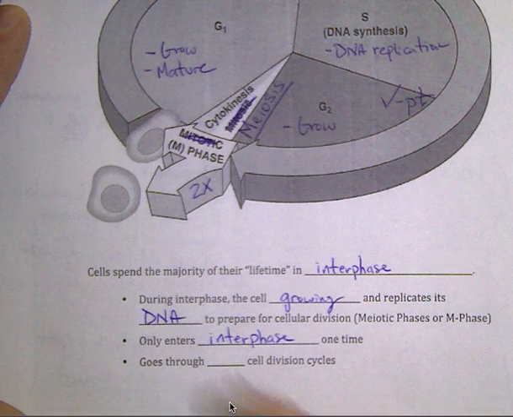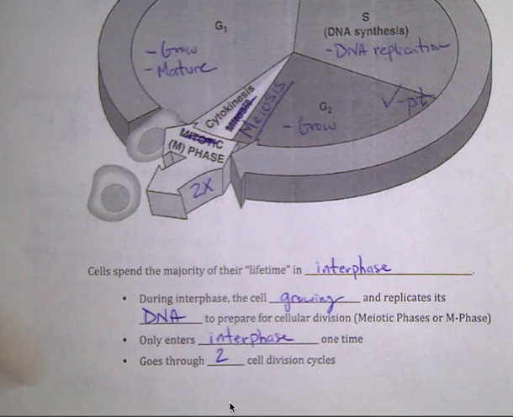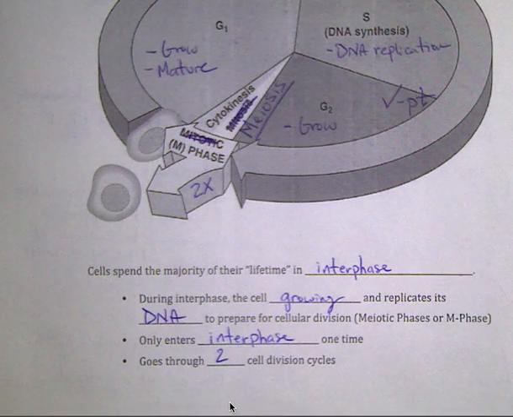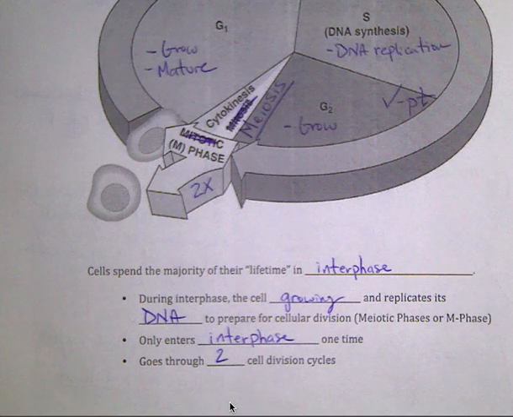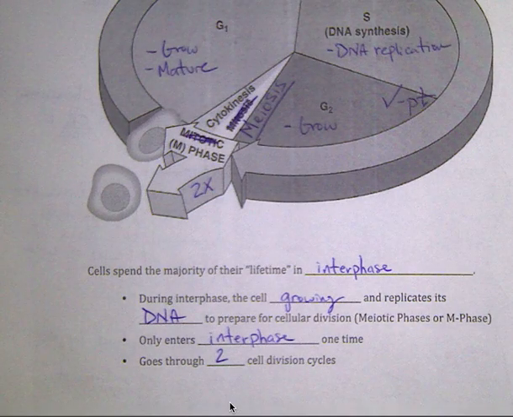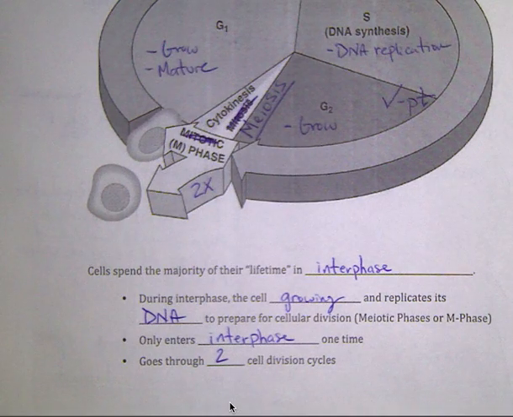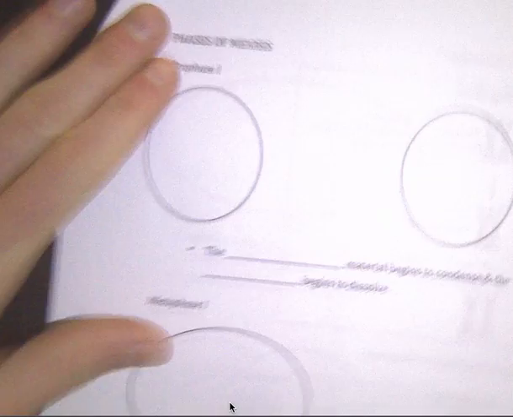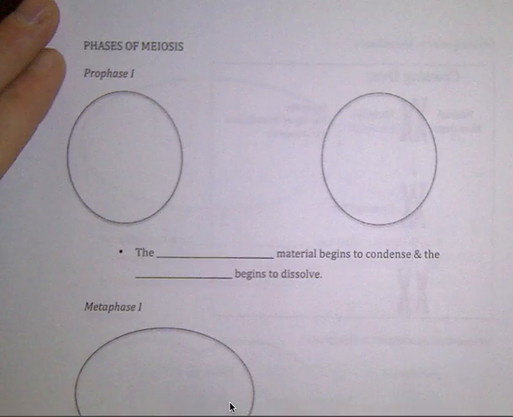And it goes through 2 division cycles. All right, so we can see some similarities. We can see some major differences here. Let's now look very closely at the different phases of meiosis.